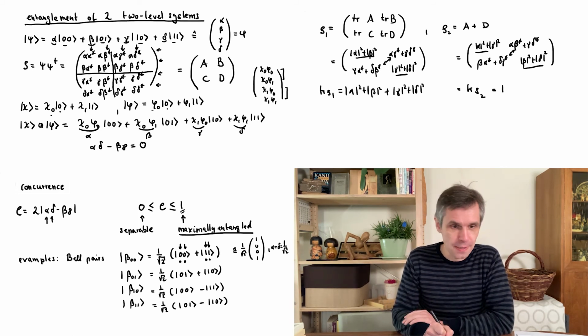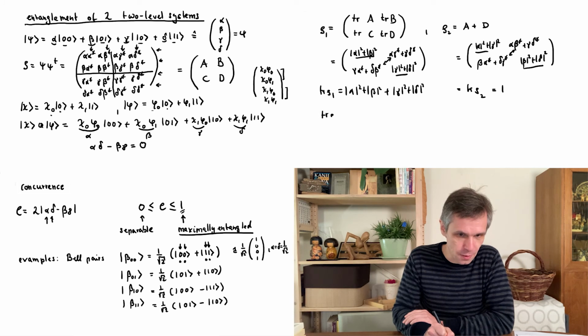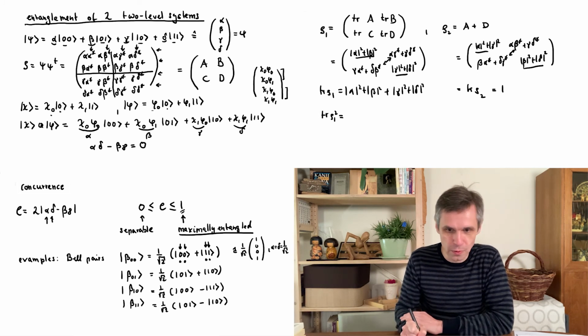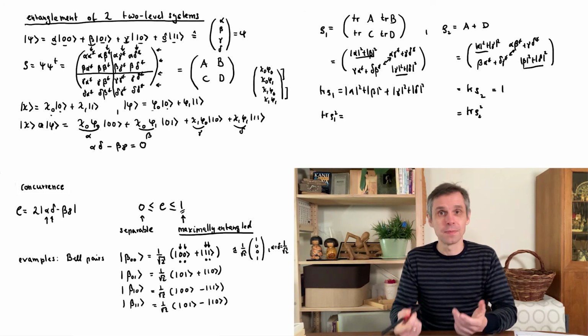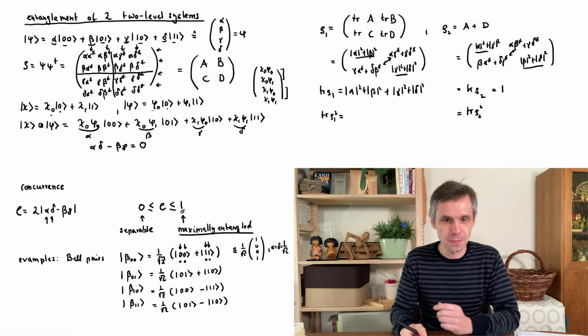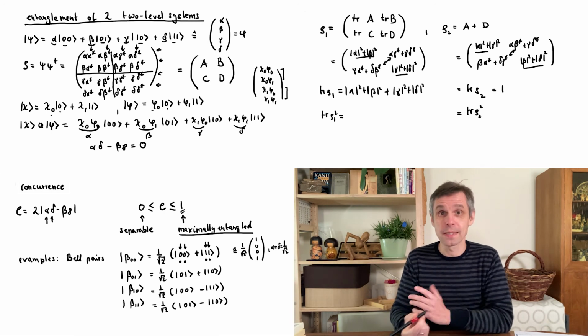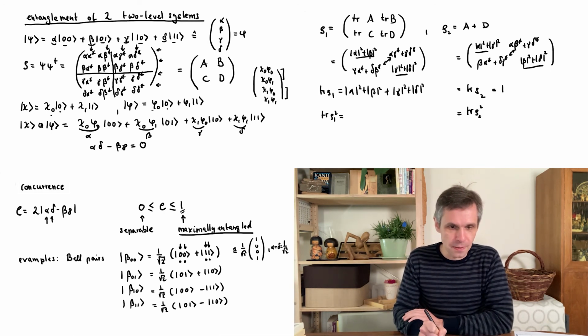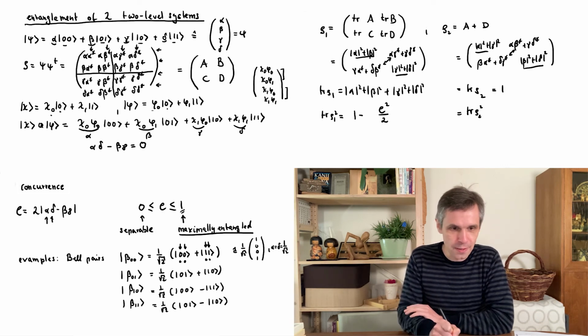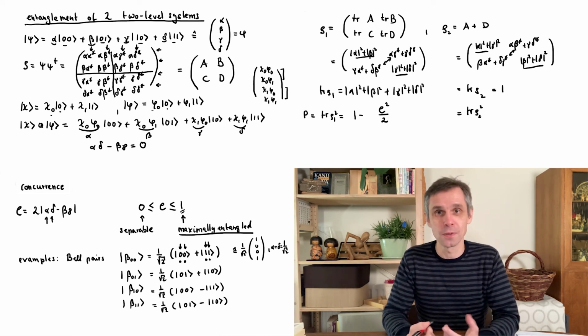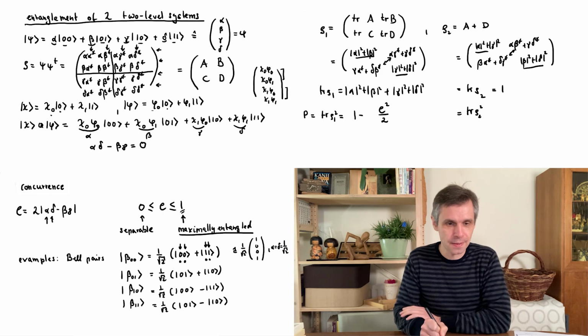We can also use these explicit expressions to work out the purities of these two reduced density matrices. Now, this will initially be given by expressions involving many terms because we take the squares of these matrices and then the traces. But fortunately, these can be rearranged into a very simple form. Indeed, the two purities turn out to take the same value, and this is simply related to the concurrence of the system.